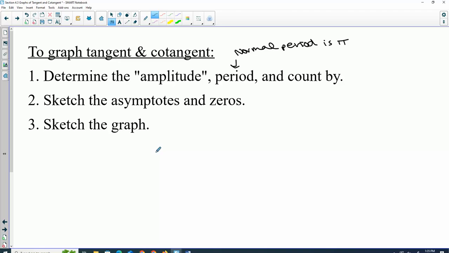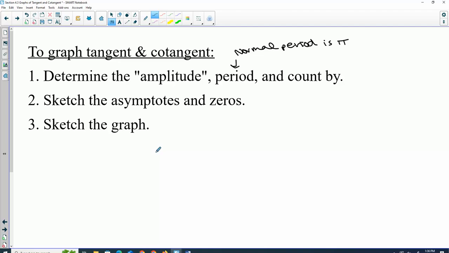Then if you pick the intervals I tell you, the asymptotes have to go on both ends, and in the middle it's going to equal 0. So you can get your graph from there if you draw in your asymptotes and your 0, and then just sketch the graph from that point.